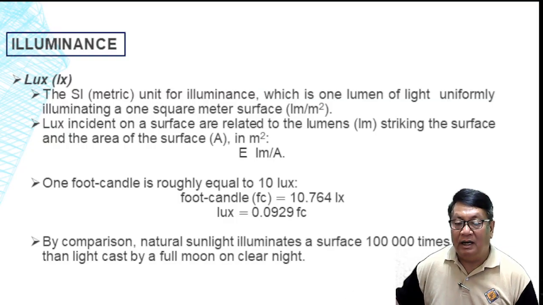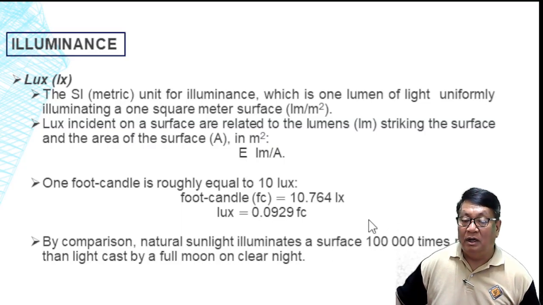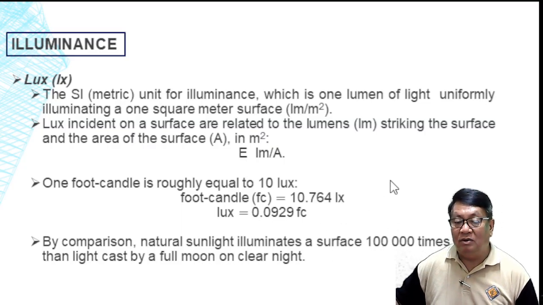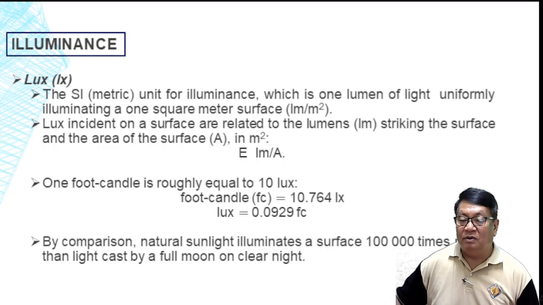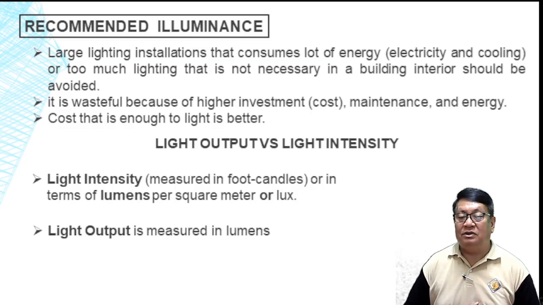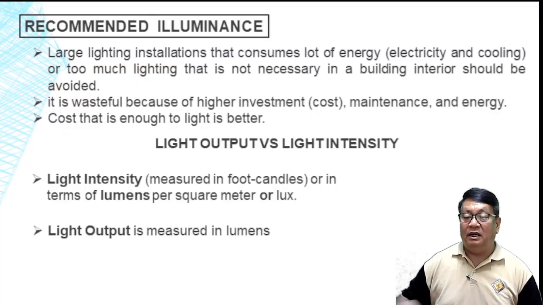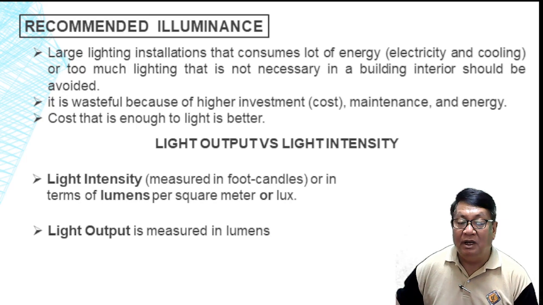Try to analyze, not example, but the conversion factor from foot-candle to lux, so on and so forth. So recommended illuminance: a large lighting installation consumes a lot of energy. Okay, too much lighting that is not necessary in a building interior should be avoided.